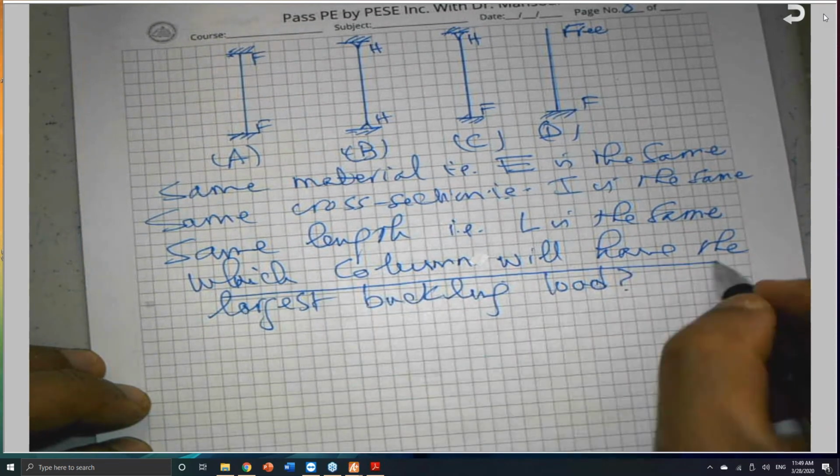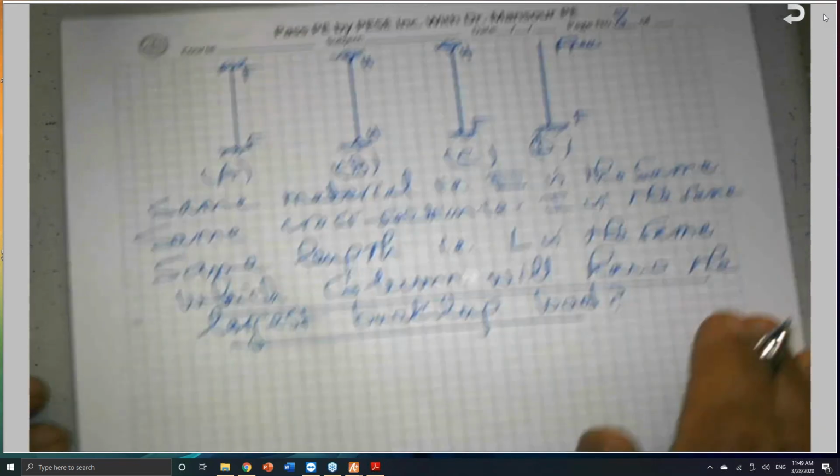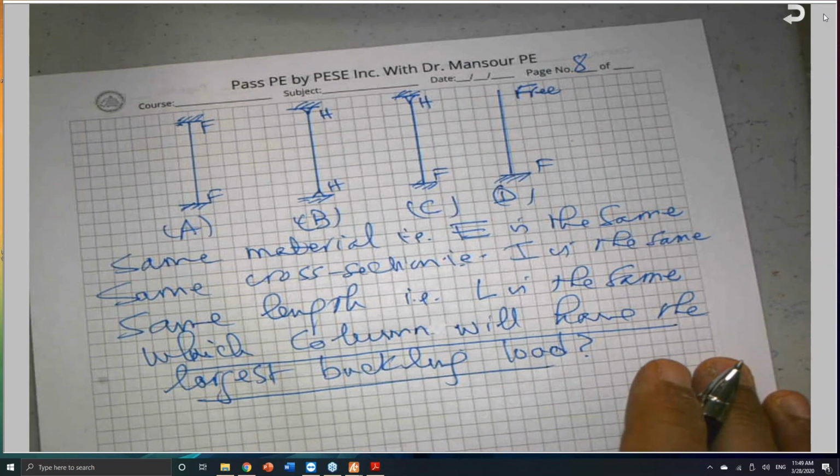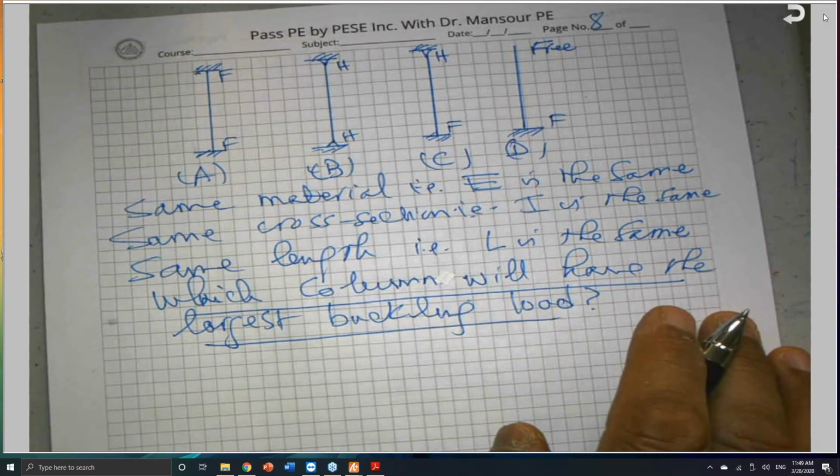Which column will have the largest buckling load, that is, carry the maximum buckling load?